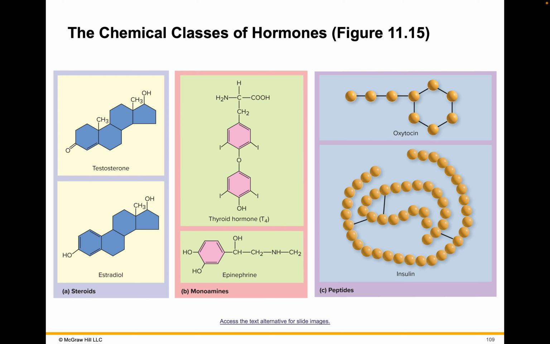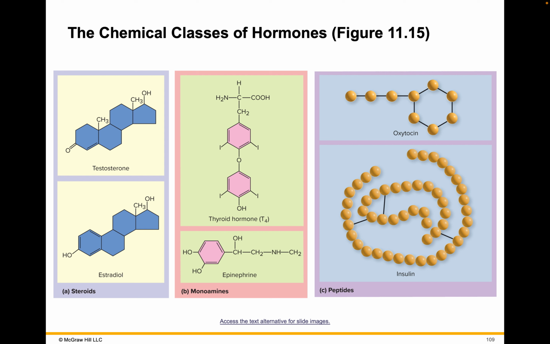So these steroid hormones, since they are lipid-based, are going to be hydrophobic, meaning that these hormones do not mix well with water. They can also pass through cell membranes very easily because the inside of our cell membranes is also very hydrophobic, meaning it does not like water either.